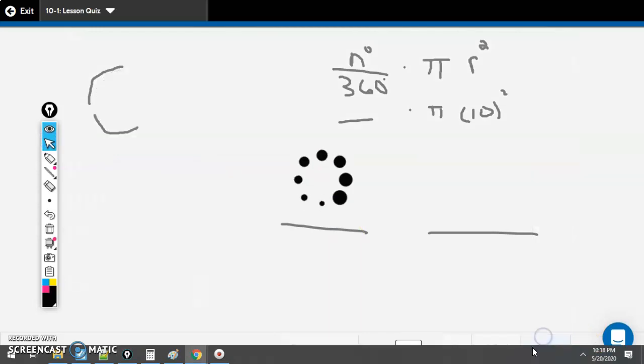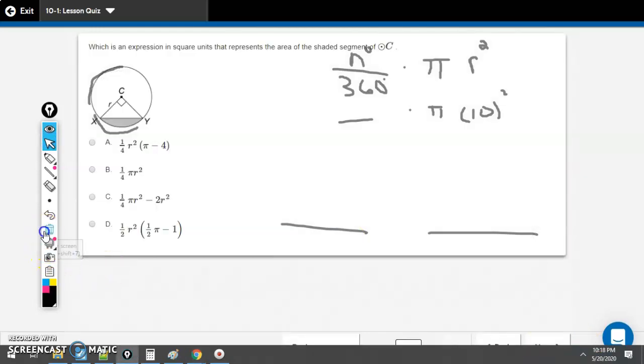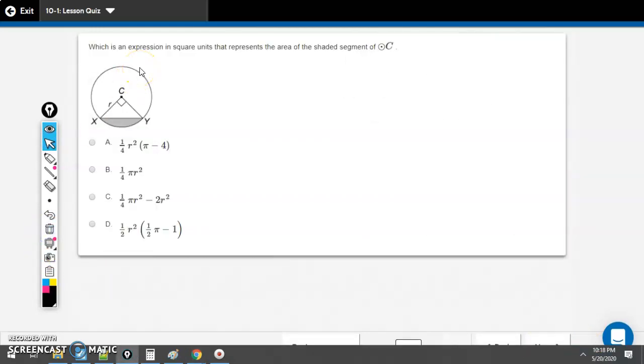All right, next problem here. It is, which is an expression in square units of the shaded segment. Okay, so this is the one that was bonus, and if you get it right this time, it'll still help your grade a little better if you can figure this out here. All right, now you have two things here.